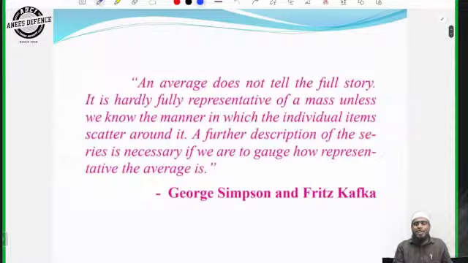An average does not tell the full story. It is hardly fully representative of a mass unless we know the manner in which the individual items scatter around it. A further description of the series is necessary if we are to know how representative the average is. That means with mean, mode, median, we will not get exact information about a data.